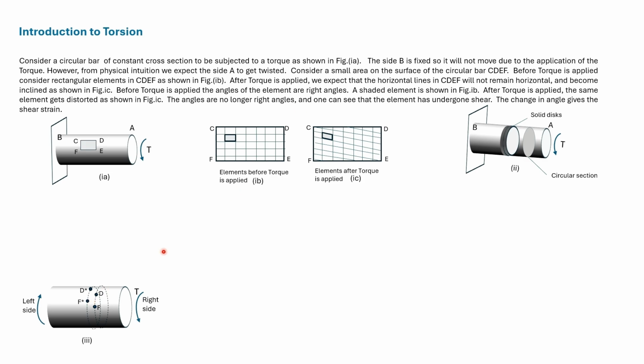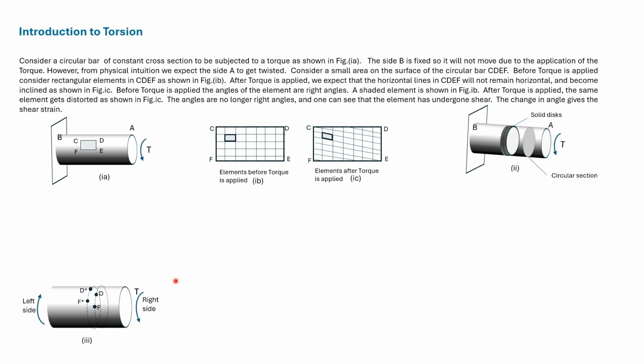Since the circular bar is axisymmetric, D dash and F dash will again be on the same circular sections as shown. Also, due to axisymmetry, the distance between D and F will be the same as the distance between D dash and F dash.